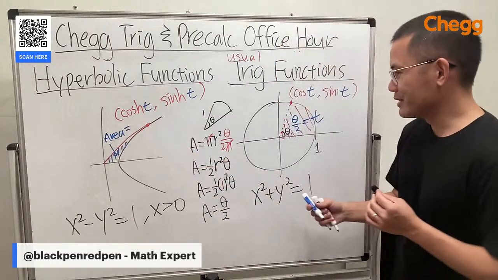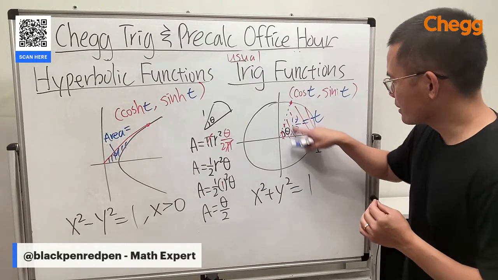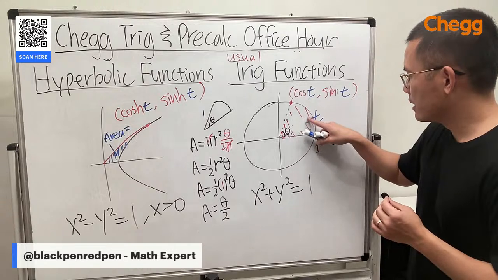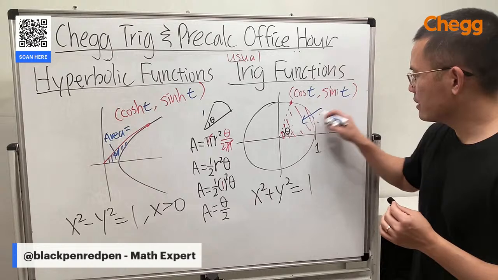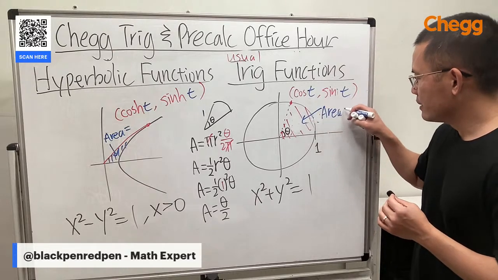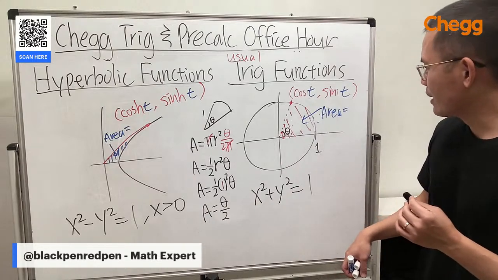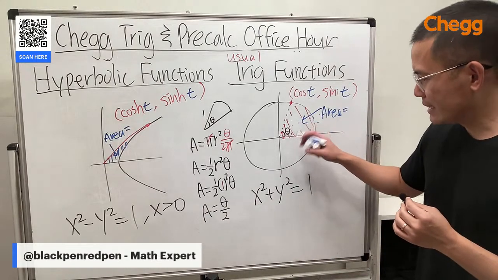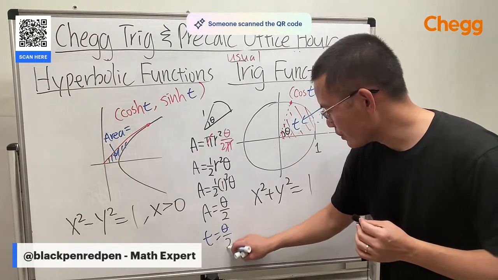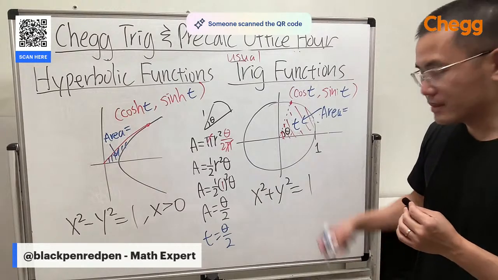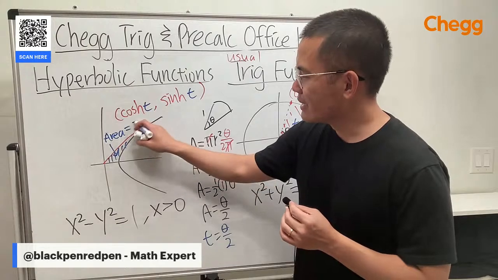This area right here is equal to 2 times theta over 2. So I am going to call this T. If I call this T, then this is theta over 2. So it's half of the angle theta. And that's the area. I think it's T over 2.